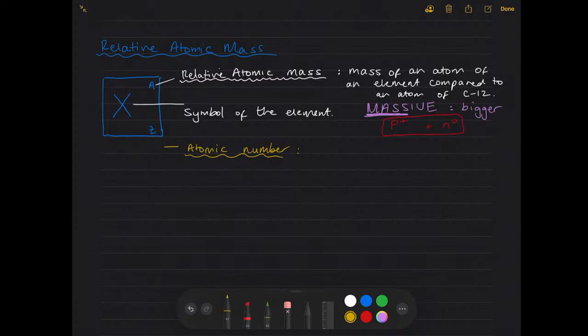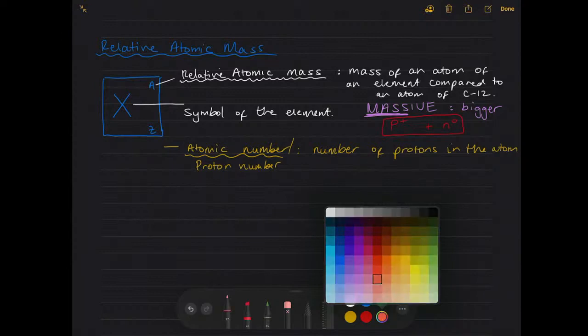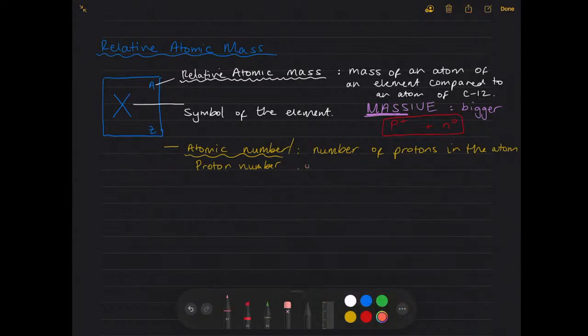The atomic number is the number of protons in the atom. It's often also called the proton number as a result. And my last point here: only in a neutral atom, the one which has no charge overall, this number also equals the number of electrons.